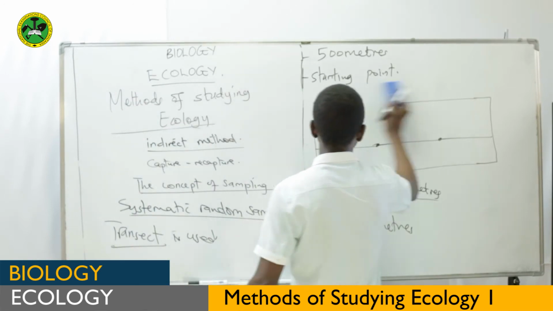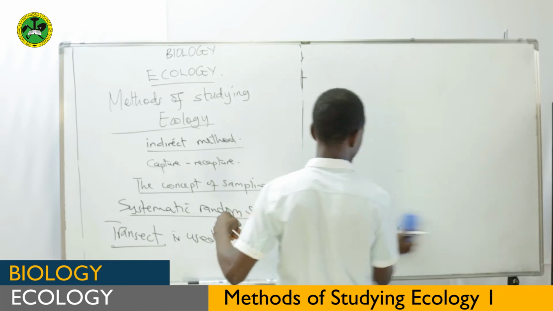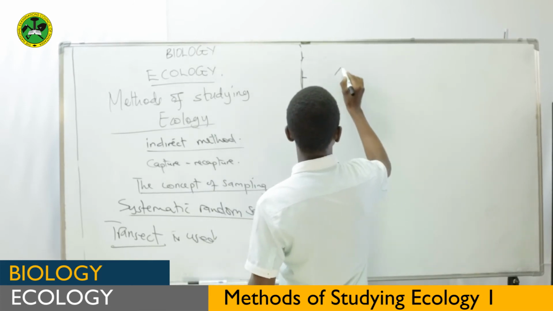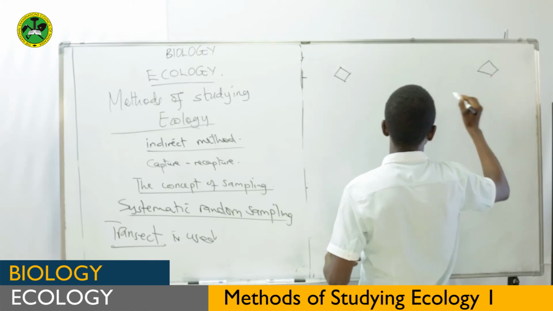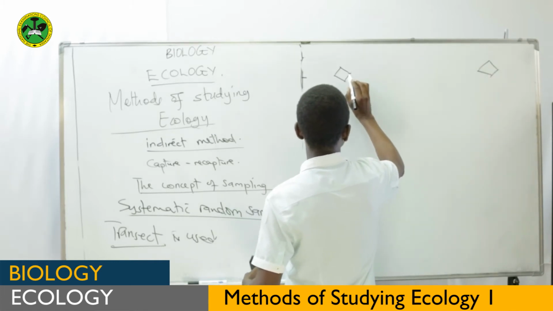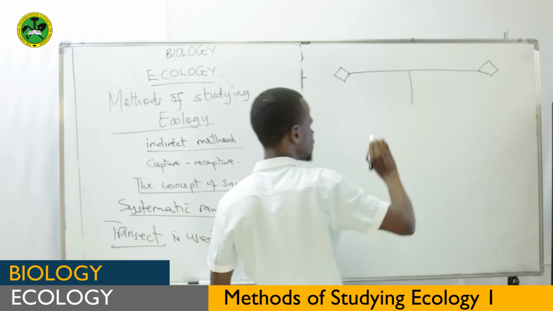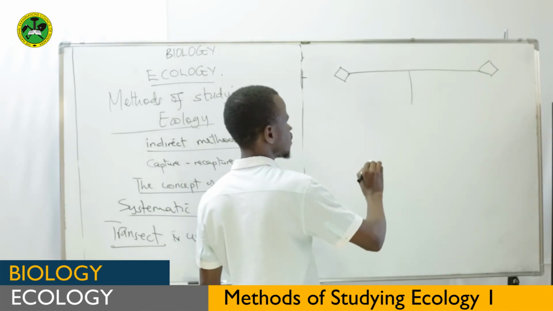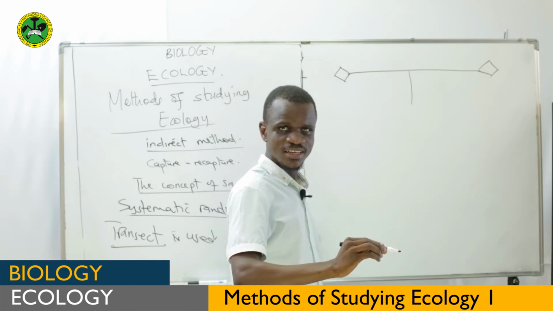Therefore, here, my students, you find one point is here, you find the other point is here. Then a string may be placed here, but this one will have a specified distance. Are you following, my student?